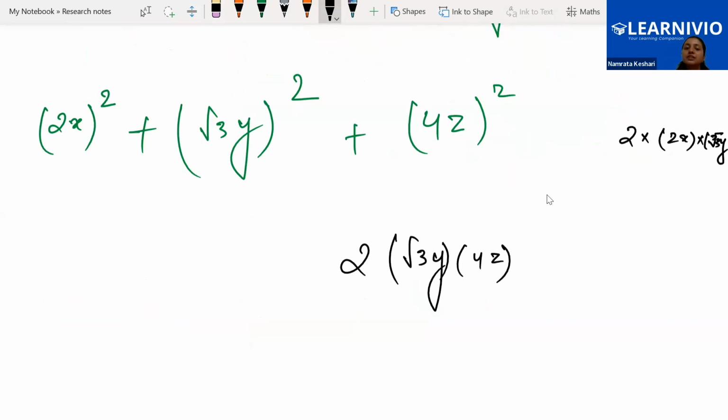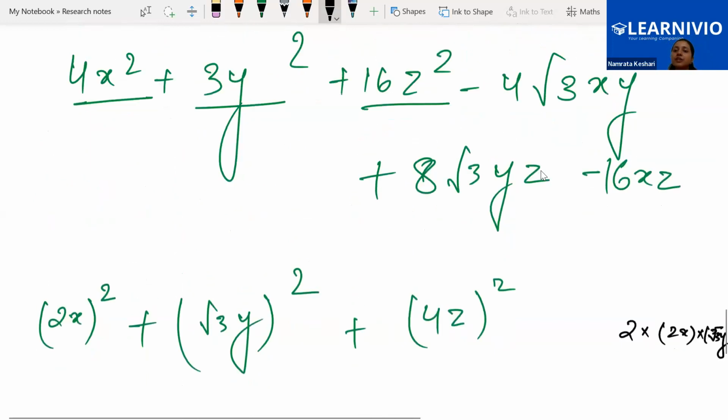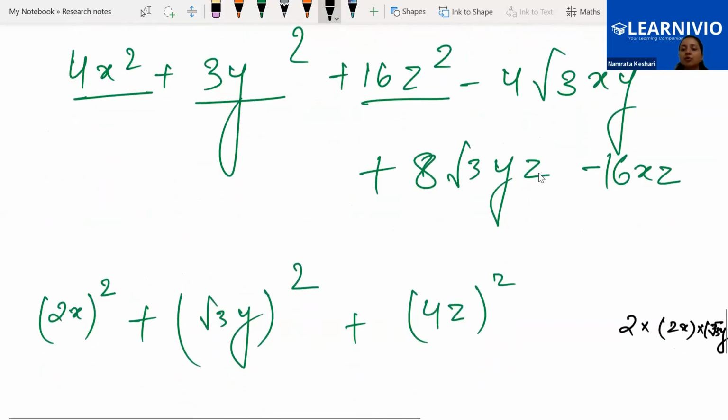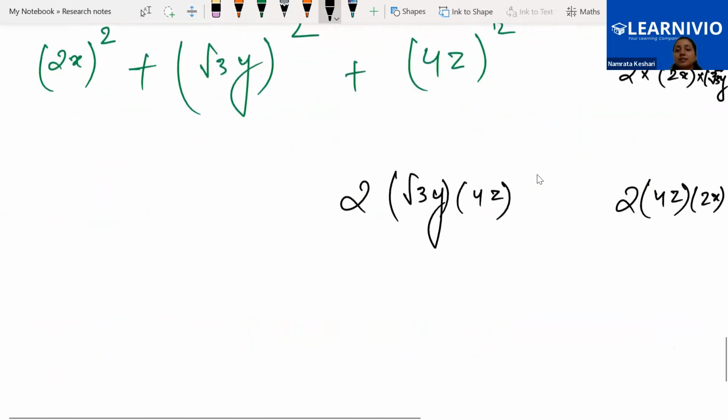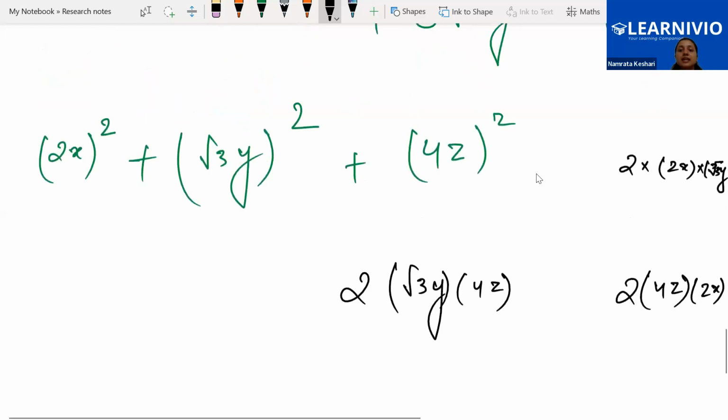First we will check whether the terms exactly match or not. Then 2 into the last term into the first term. Now check whether these terms are there in your question or not. So yeah, 4 root 3 xy is there, 8 root 3 yz is there, and 2 times 8, 16 zx is there.